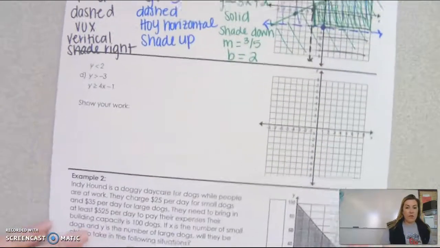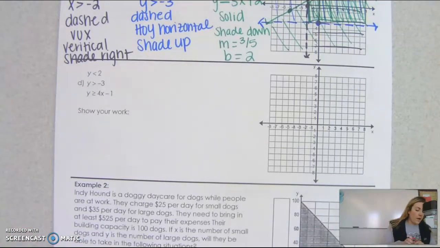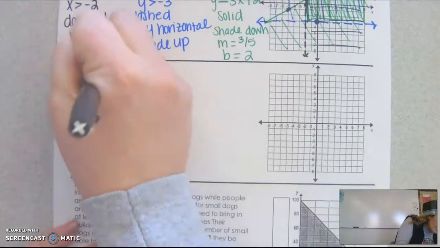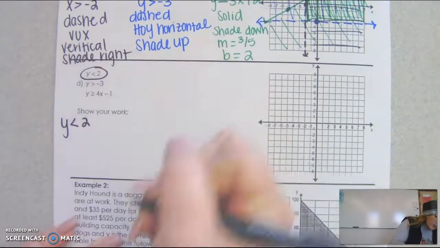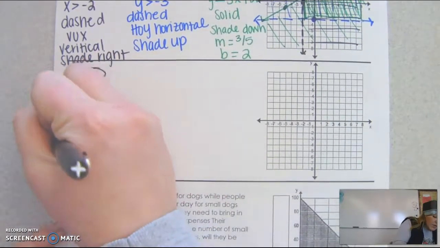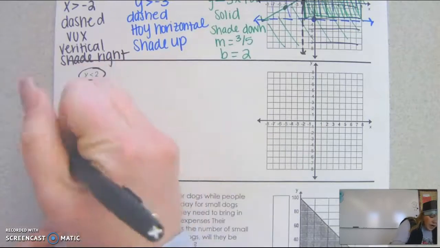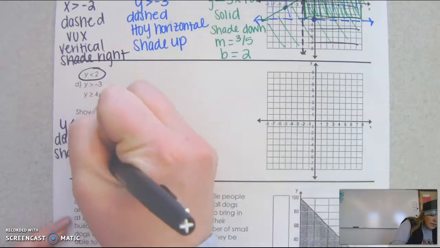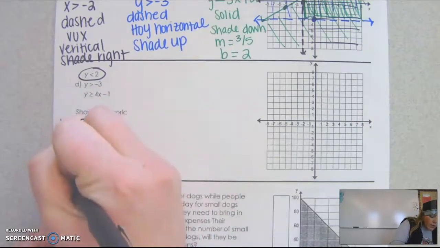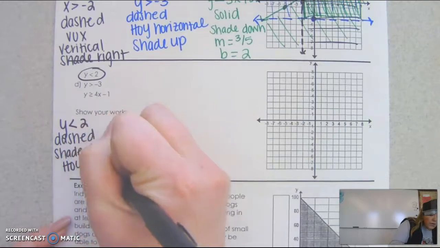All right, let's try that one more time with 3 different ones. So the first line I have is y is less than 2. That's going to be dashed. I need to shade down because it's less than. It's a y, so I know that my line is going to be horizontal.